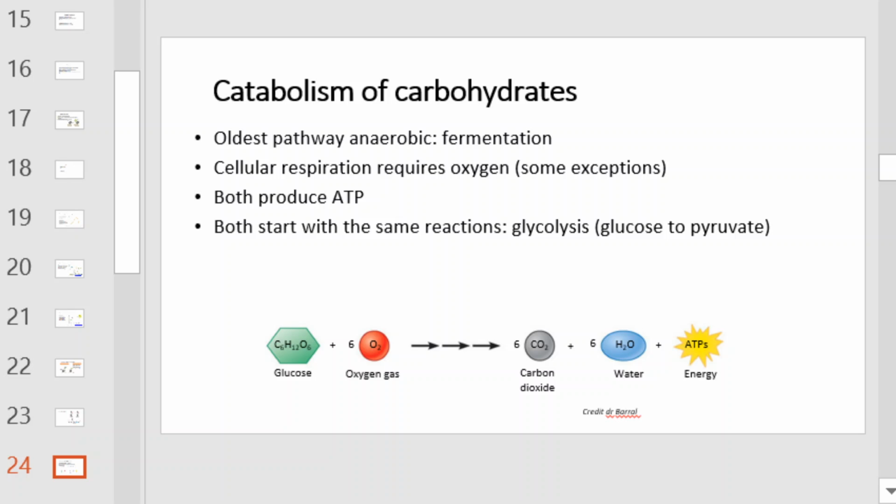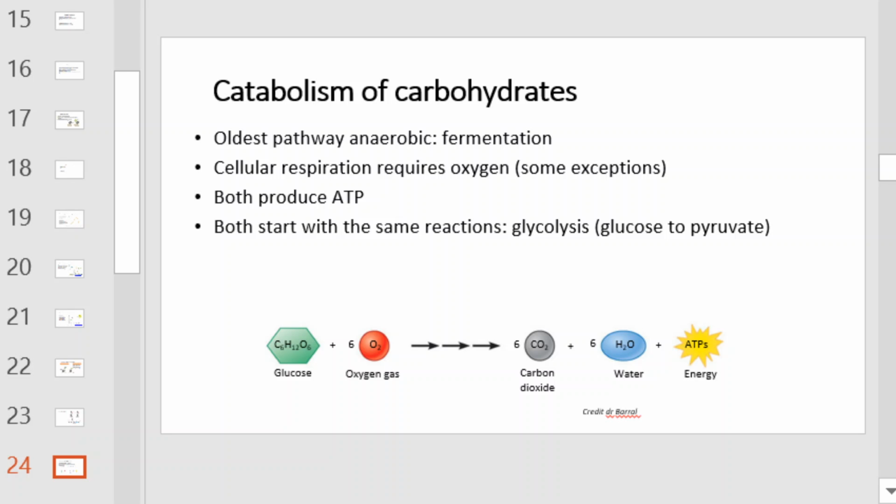Catabolism of carbohydrates. The catabolism of carbohydrates, or breakdown of carbohydrates, is probably the most familiar metabolic pathway that is covered in a typical biology class. The oldest catabolic pathway of carbohydrates is anaerobic and is simply referred to as fermentation.